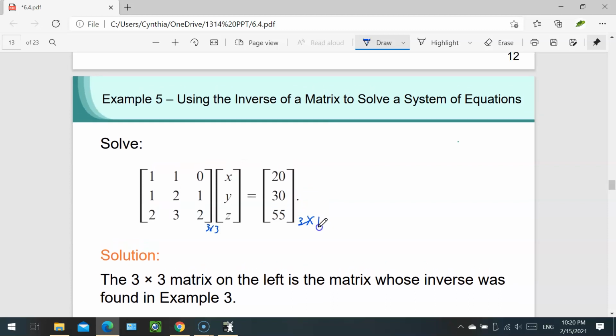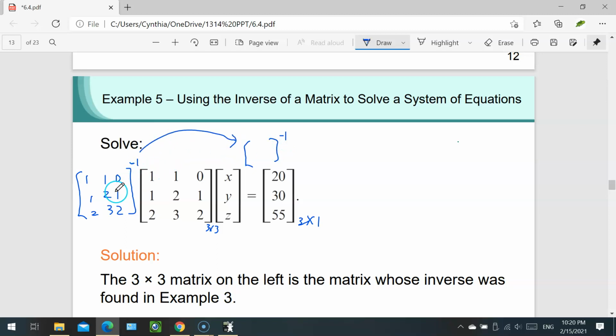So the idea of solving for x, y, z is, as long as I can find the inverse of this matrix, 1, 1, 0, 1, 2, 1, 2, 3, 2, I multiply the inverse of this matrix and do the same thing to the right hand side, I multiply the inverse of this one.